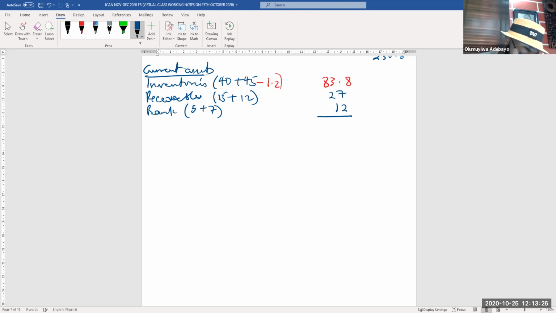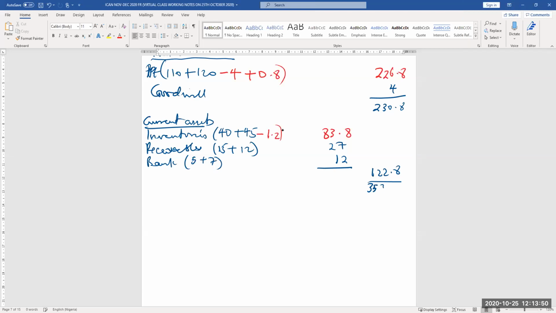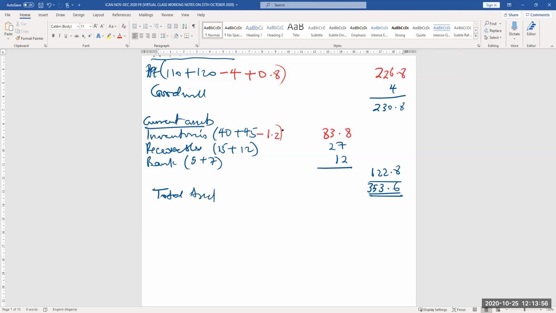If you add it together, 83.8 plus 12 plus 27, I have 122.8. 122.8 plus 230.8 will give me 355.6. That gives us our total assets.